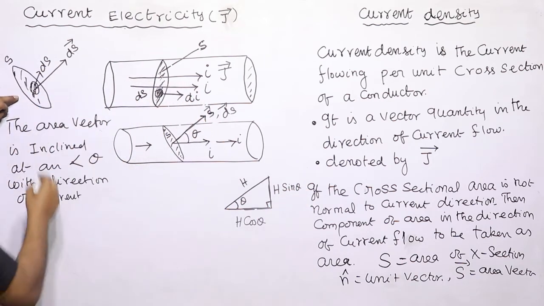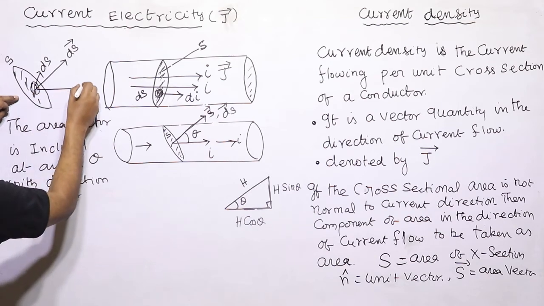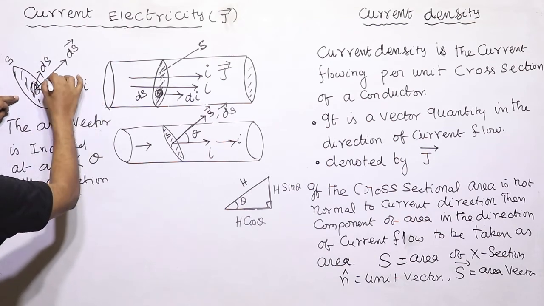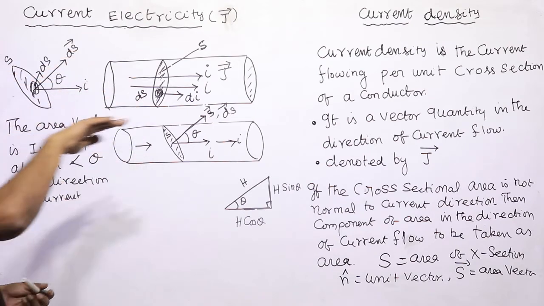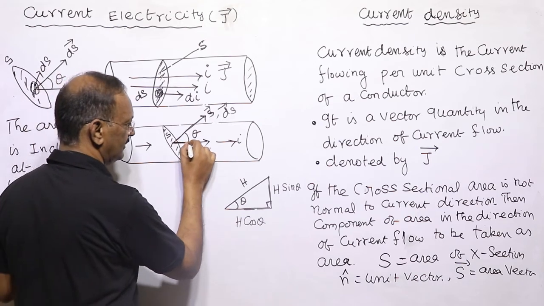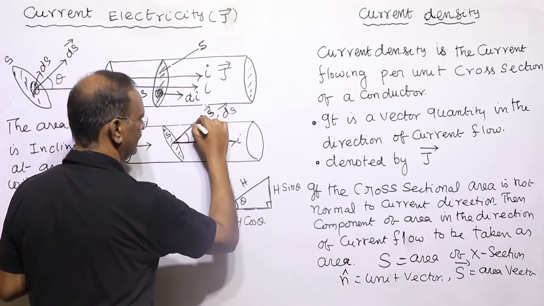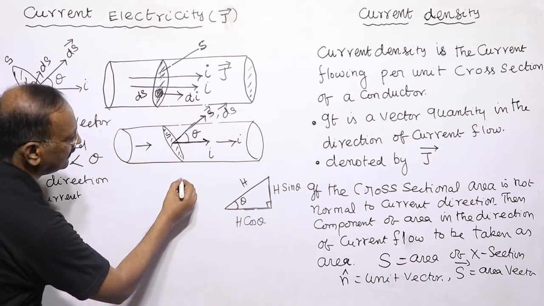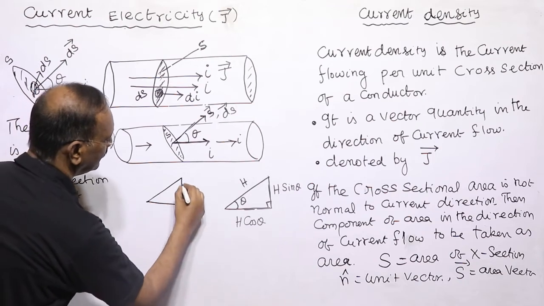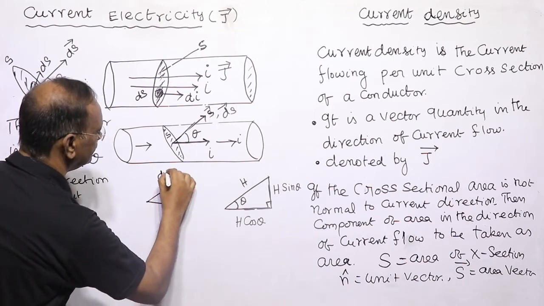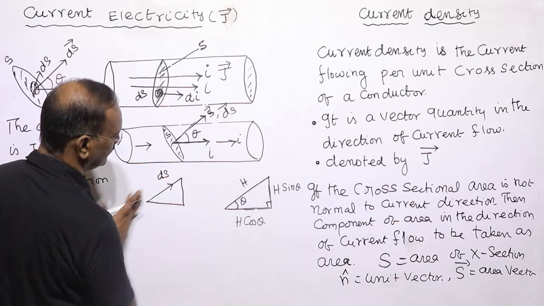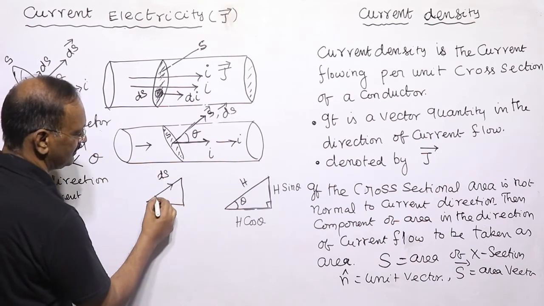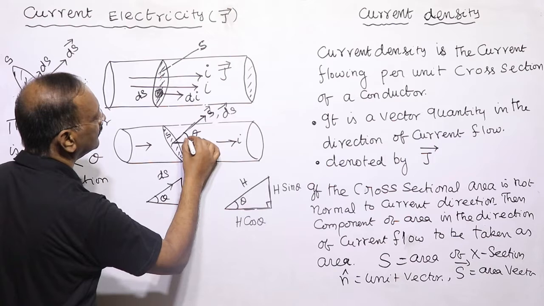Now here, this is the direction of current, and the area vector is inclined at an angle theta with respect to the direction of current flow. This is the direction of current flow, this is the ds vector. In magnitude we say this is ds. So this is the hypotenuse, inclined at an angle theta.